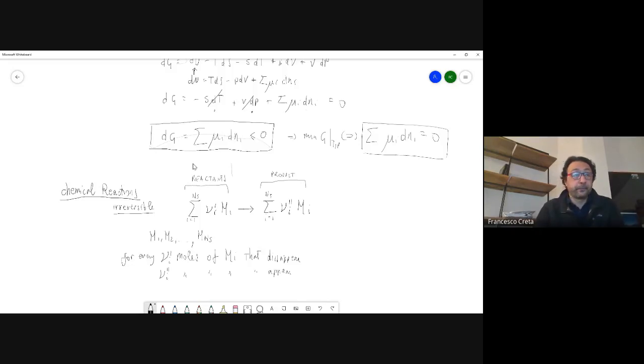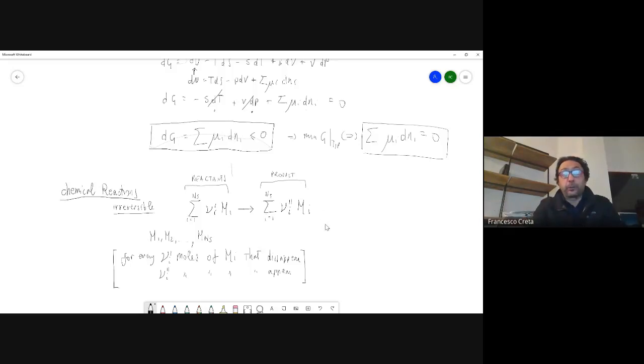That's all it says, okay? So in some sense, this reaction is a very strict constraint, okay, on the way in which a substance can be transformed, okay, into something else.